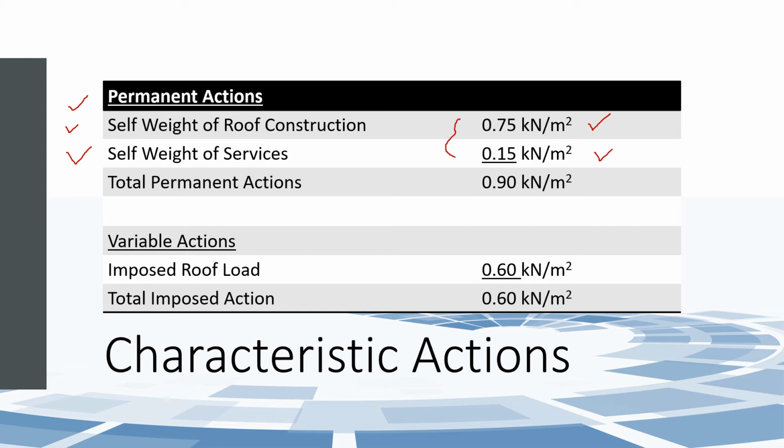So add these two and we get the total permanent load action equal to 0.9 kN per meter square. Now for variable actions, the question only gives the imposed roof load of 0.6 kN per meter square. So the total imposed load action is 0.6 kN per meter square.